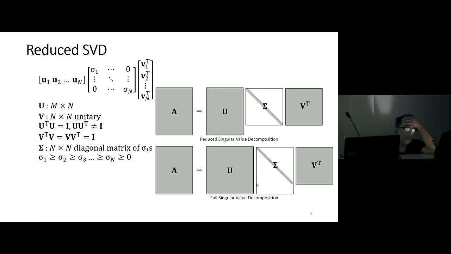Sigma, instead of zeros as the bottom rows, you would have the diagonal matrix and zeros as the right columns. This white area will be shifted to the right. You'll have a bunch of zeros in the right columns. And V would be a bigger matrix. It would still be a square matrix, but a bigger one. That would be the full SVD of a wide matrix.